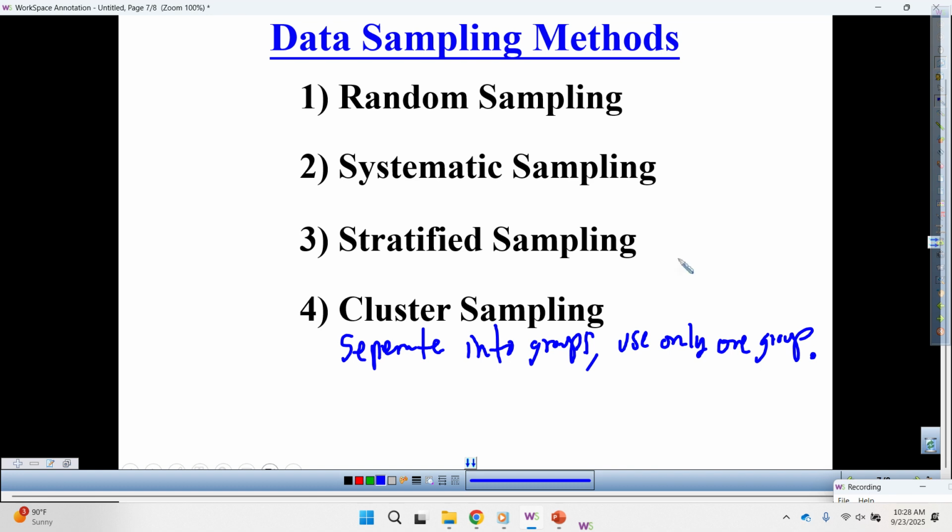Now, what is stratified? Before I had them sit down. Again, separate into groups. Then what? Select one group. But what did I do specifically with that one group? Tell your neighbor, what did I do? Camila, what did I do for that one group?